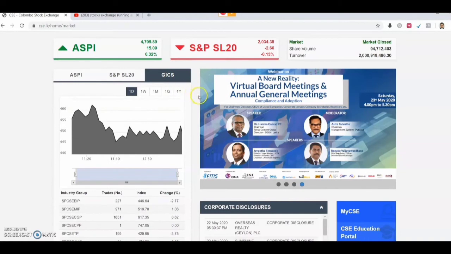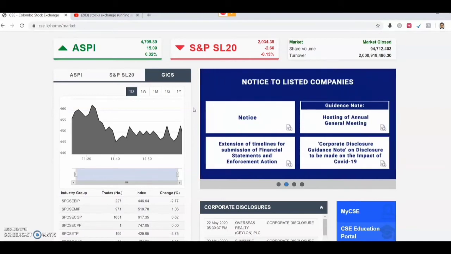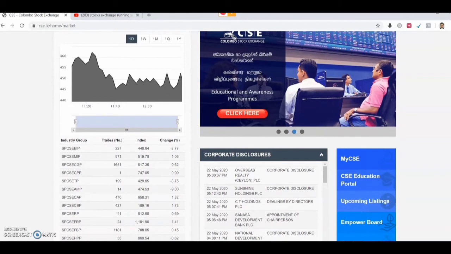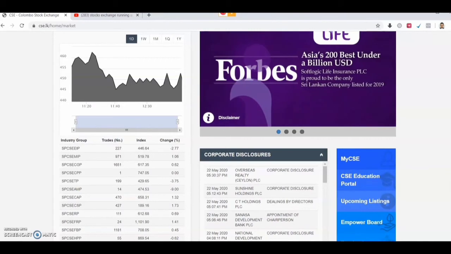So what is this GICS? GICS stands for Global Industry Classification System. Basically this is monitored by S&P Dow Jones, a US based company. We know that about 290 odd companies are listed on the Colombo Stock Exchange, and these 290 companies have their nature of business.